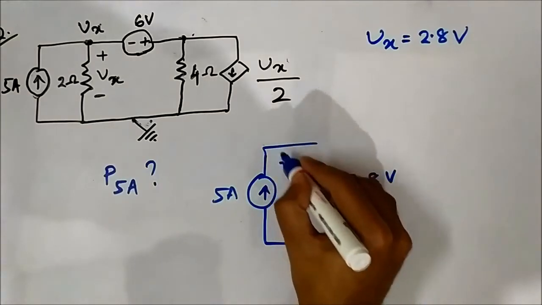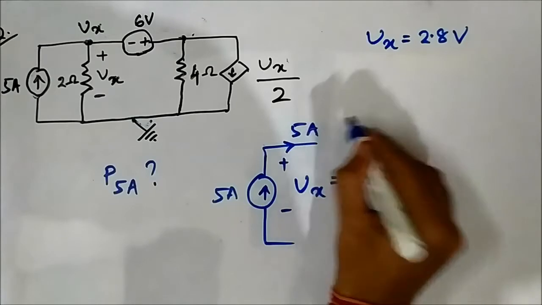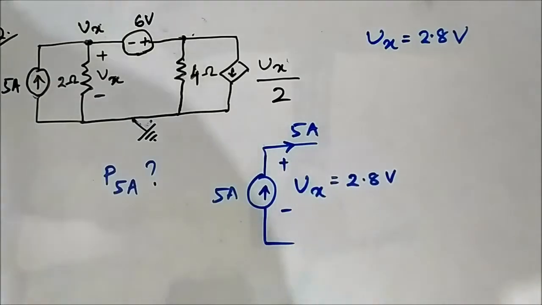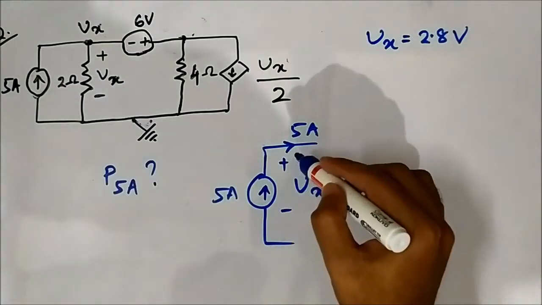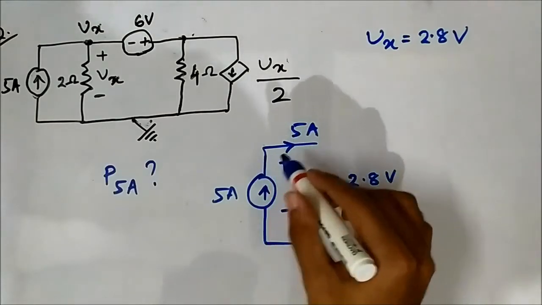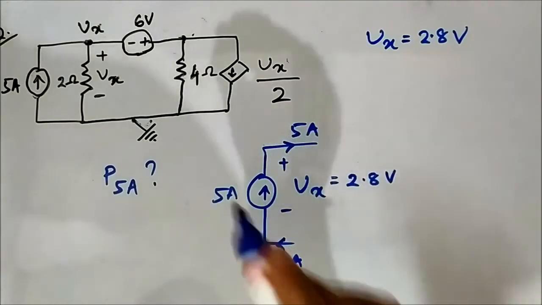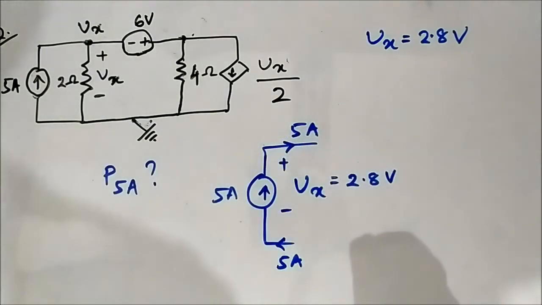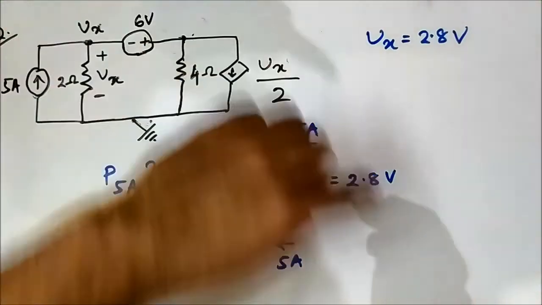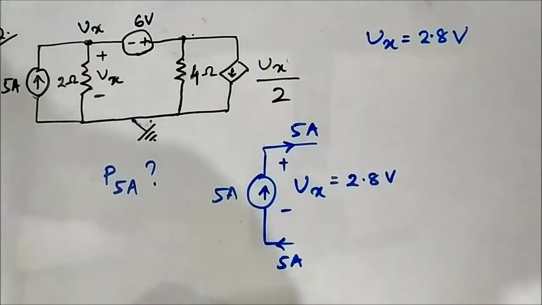Current is moving in this direction, 5 ampere. Voltage is 2.8 volt. When current flows from the positive to the negative terminal externally, it means it is supplying power. It is positive.